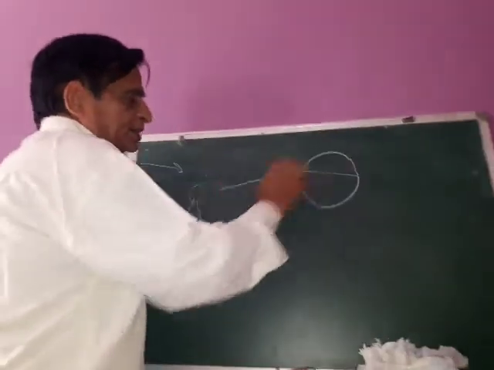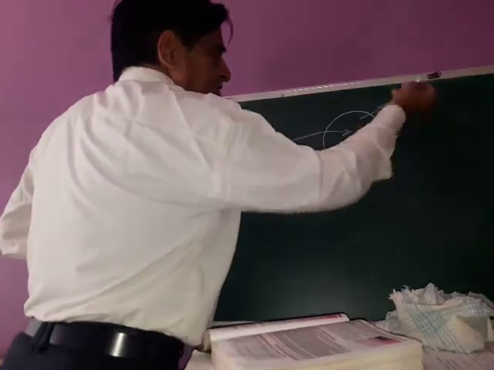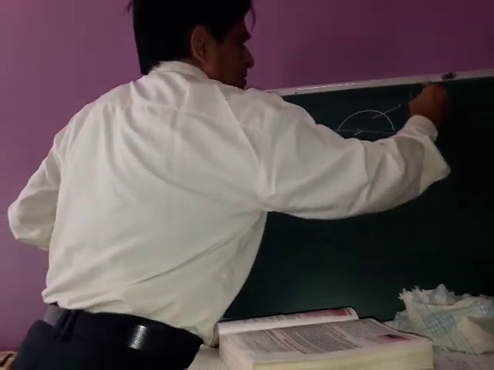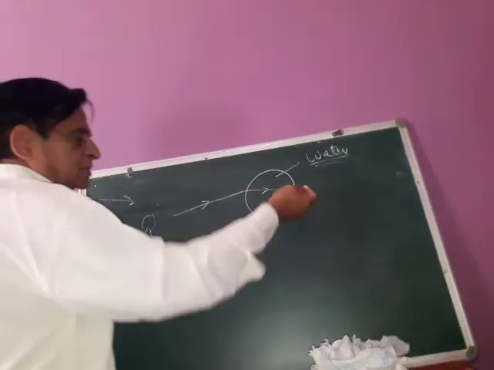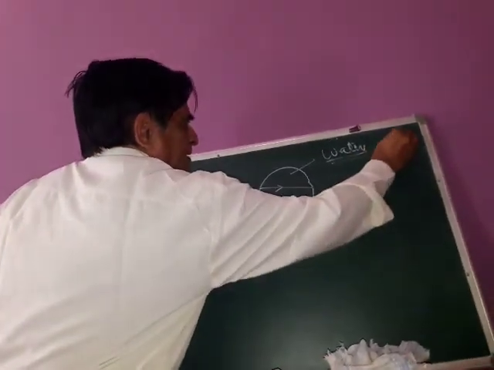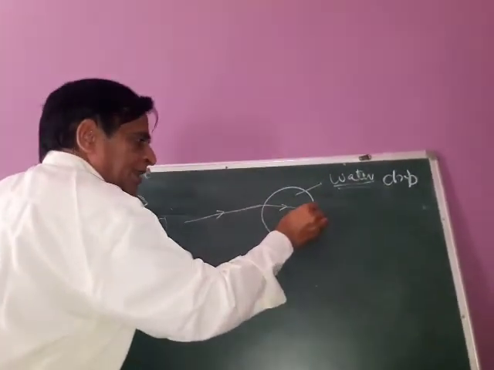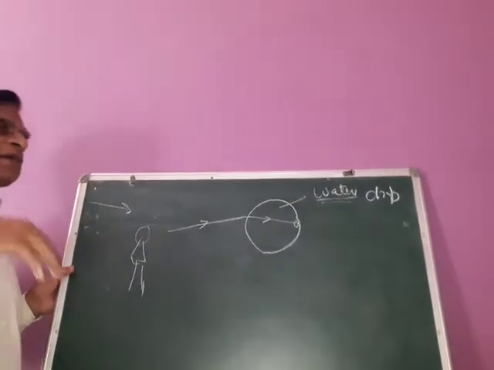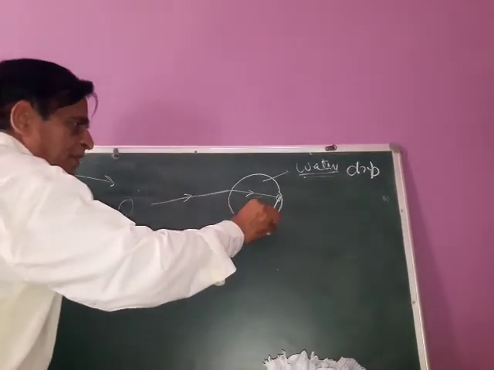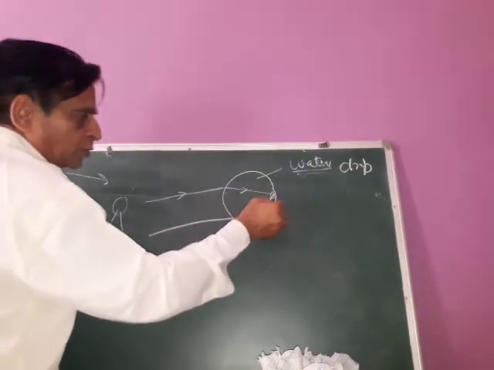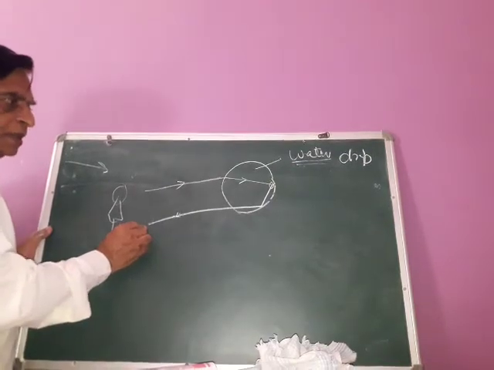Now at this point, some of the rays coming, this is the incident, this is your water vapor or water drop. So when light enters into the drop, some of the light falling at an angle higher than the critical angle will reflect back, total internal reflection, and here it can be seen.